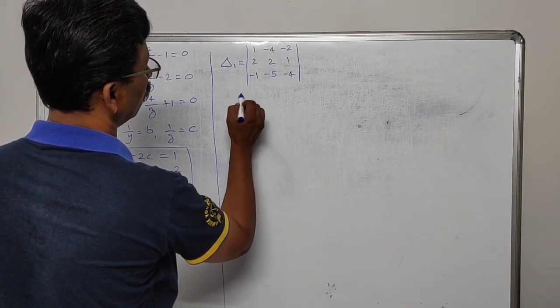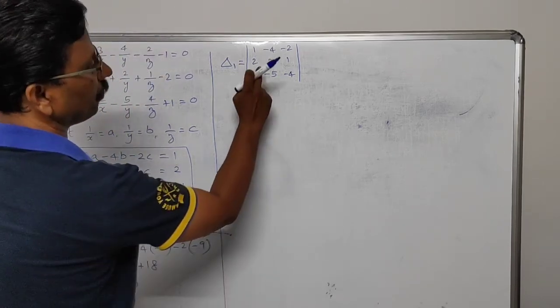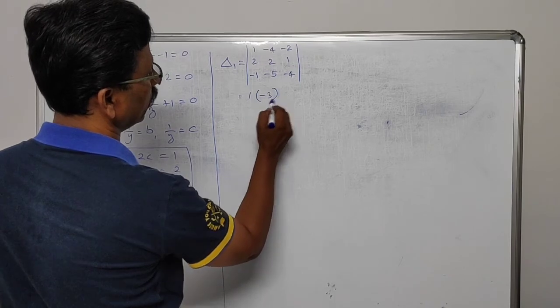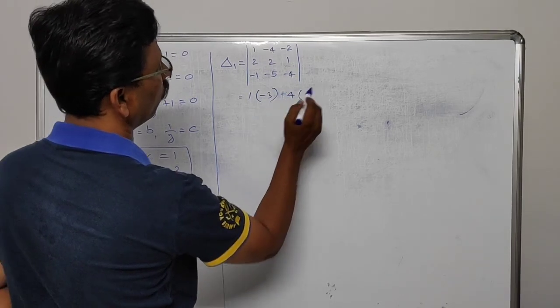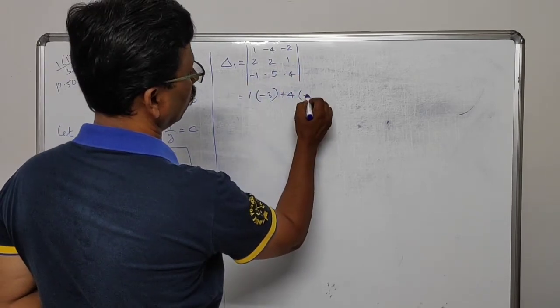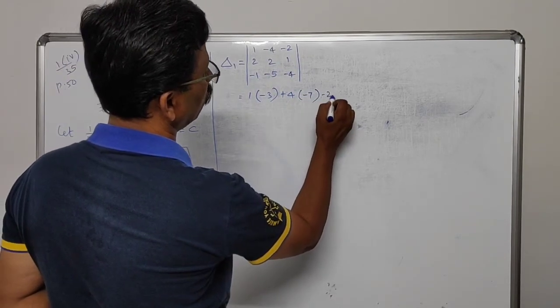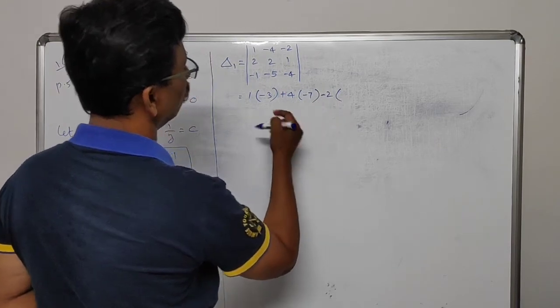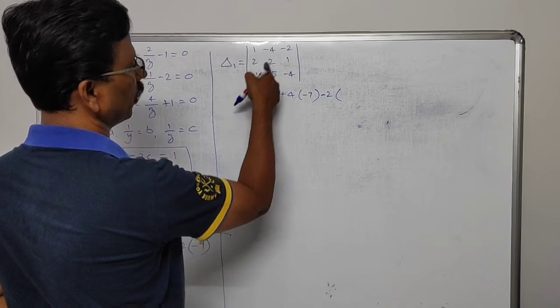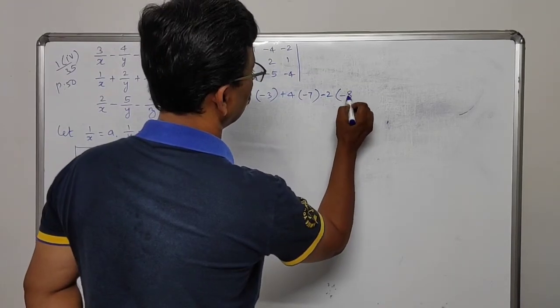Now which is equal to 1 into minus 8 plus 5 gives minus 3. Then minus of minus 4 gives plus 4 into minus 8 plus 1, minus 7. Then minus 2 into minus 10 plus 2 gives minus 8.